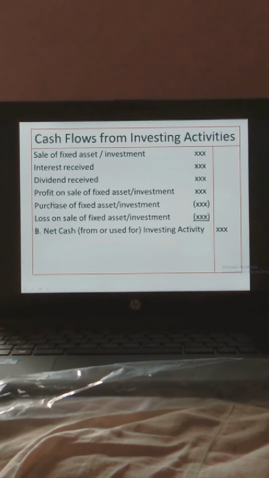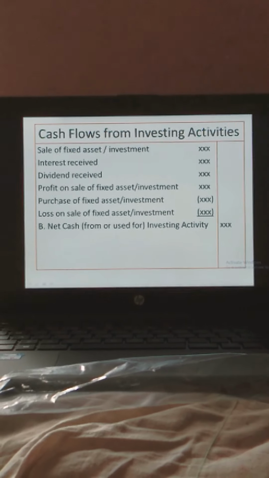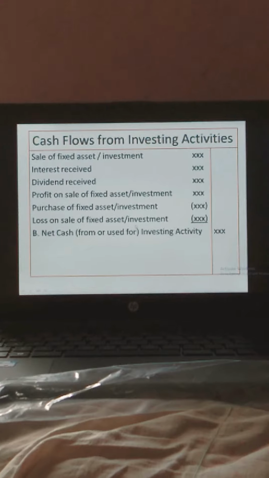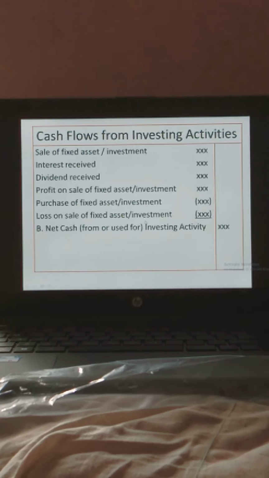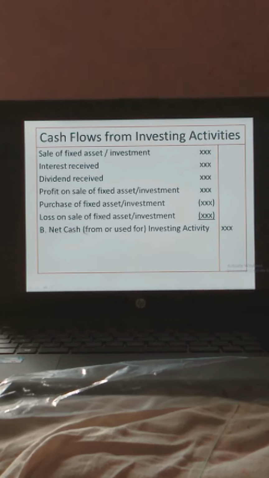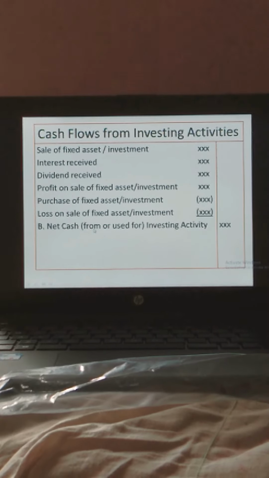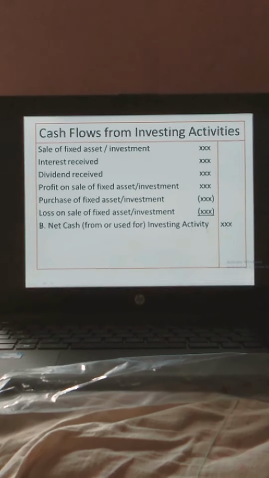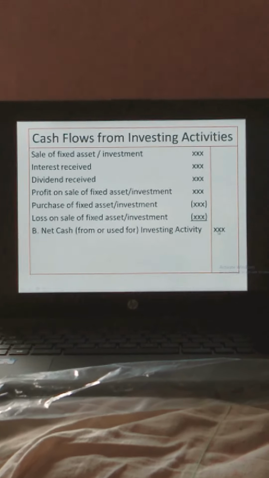From this, we will deduct any amount paid for the purchase of fixed assets or investments, as well as any loss on sale of fixed assets or investments. Then we get the net cash from, or net cash used for, investing activity.